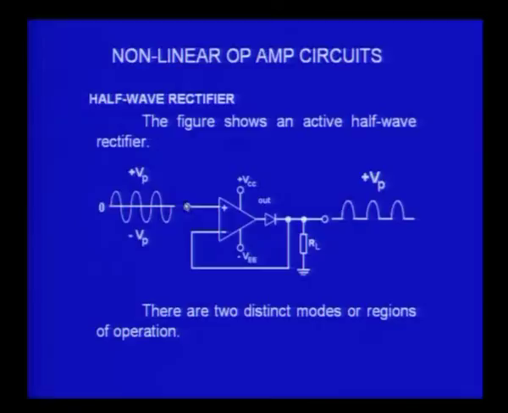Now, when the voltage increases from a very low value, you find initially that the diode can be in open condition, that means it is not forward biased. And therefore, there is no feedback loop from this point to the minus input, because this is open. It is equivalent to almost connecting this point to the ground.